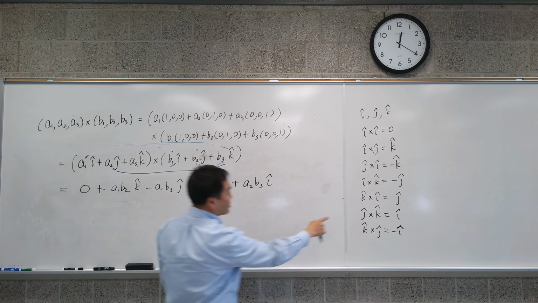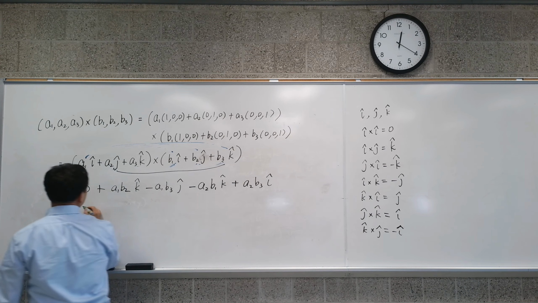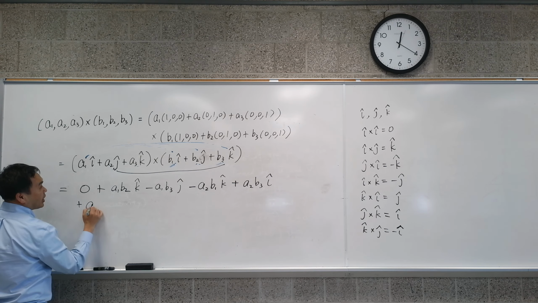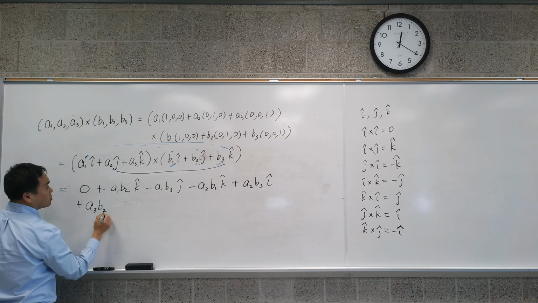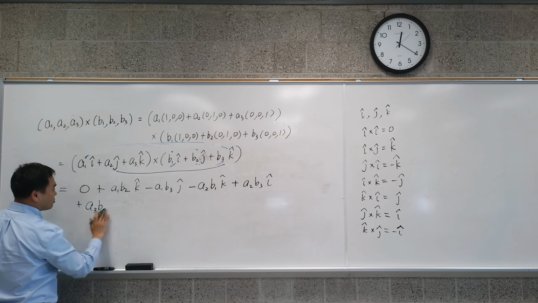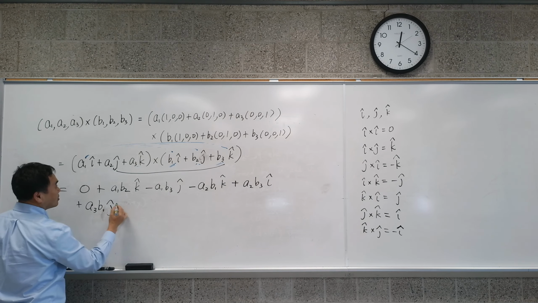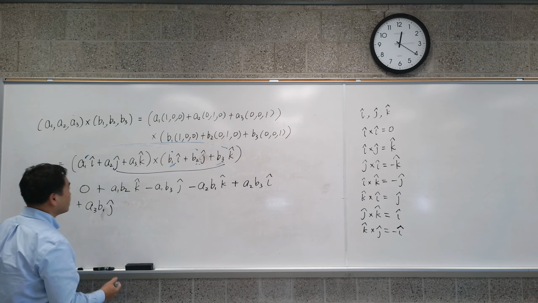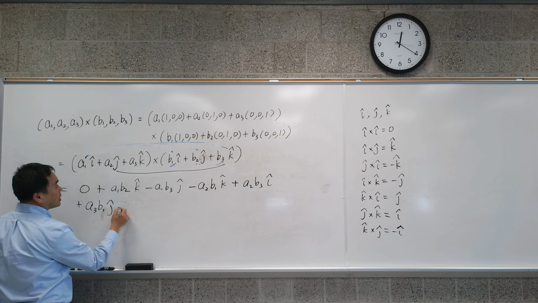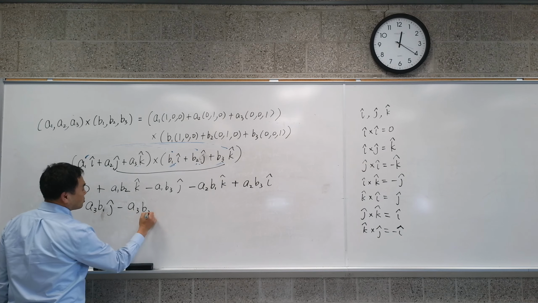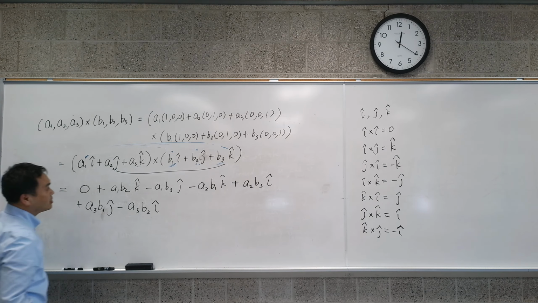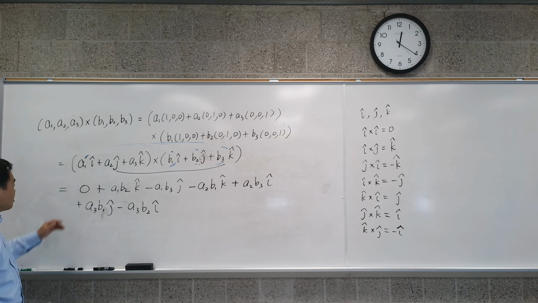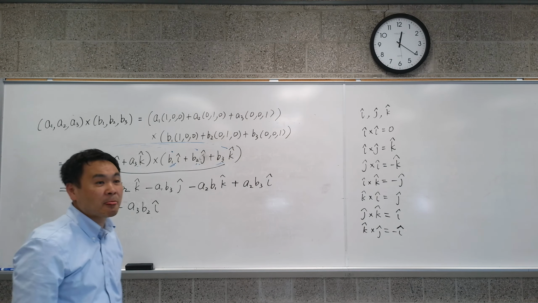It's positive J, so it's plus A3B1J. Then KJ. KJ would be negative I, so it will be negative A3B2I. And then the last thing is 0. So zeros I don't need to write. Okay? So I have a total of 6 terms.